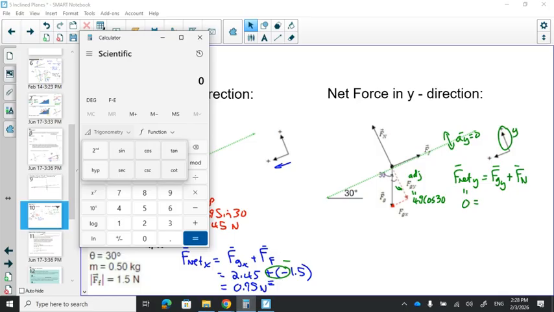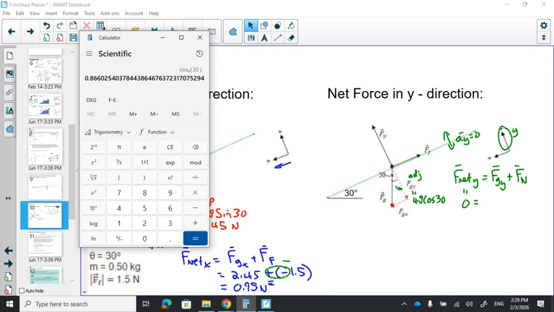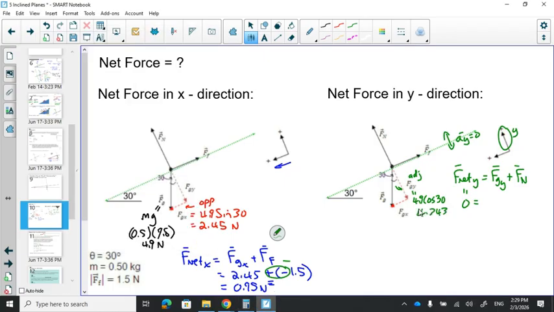So I want to do 30 and then do cosine of it. So now I have cos 30 times the 4.9. Way harder than it should have been. 4.243. And that's whatever in newtons there.